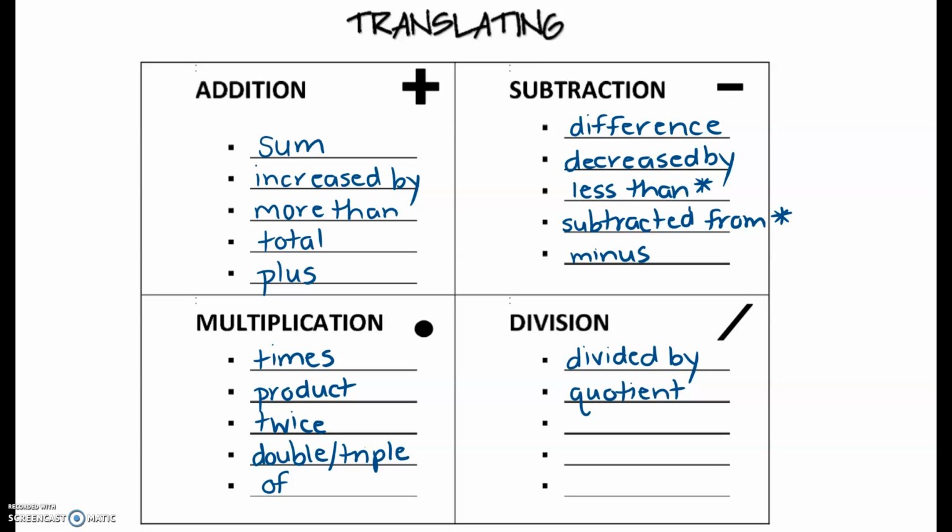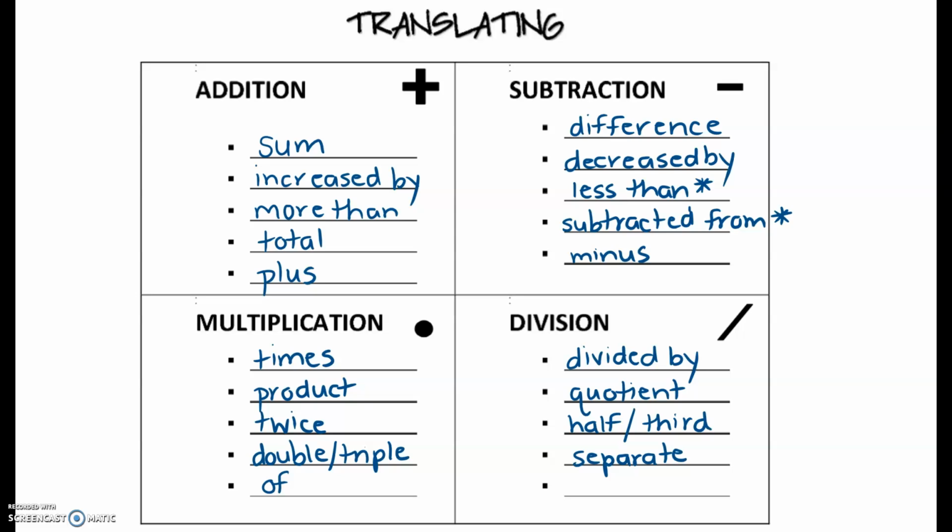Now instead of doubling or tripling something, in division we're splitting things apart. So we may be cutting something in half. That would mean we're dividing by 2. Or in thirds would mean we're dividing by 3. And then the last word for division is separate. If we want to separate something between a group of people, that would indicate to us that we are going to divide as well.